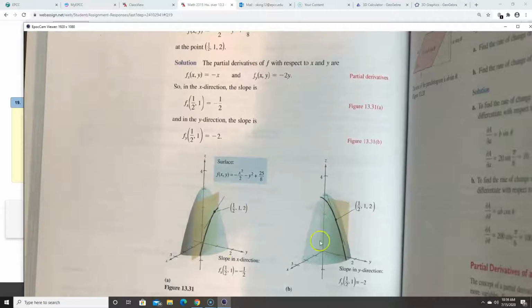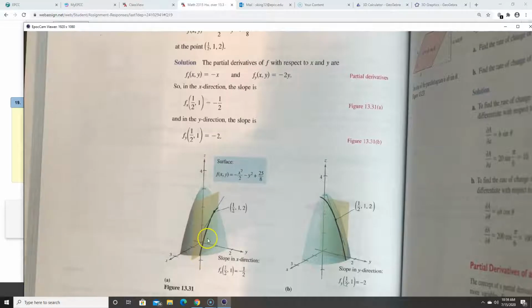And by the way, you might think, well, isn't it going upward? Shouldn't it be a positive slope? Well, just like we did with single variable functions, you had to move from left to right as you looked at a function to say if it's increasing or decreasing. Another way to say left to right is from negative values to positive values, the negative x values to the positive x values.